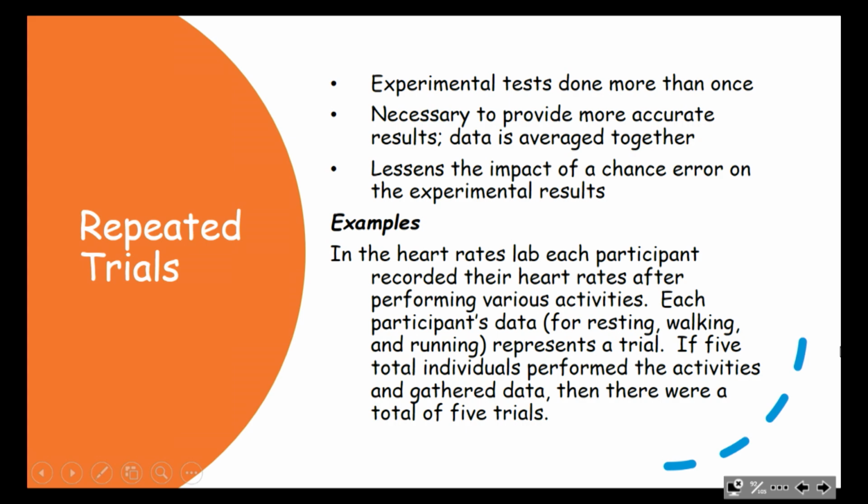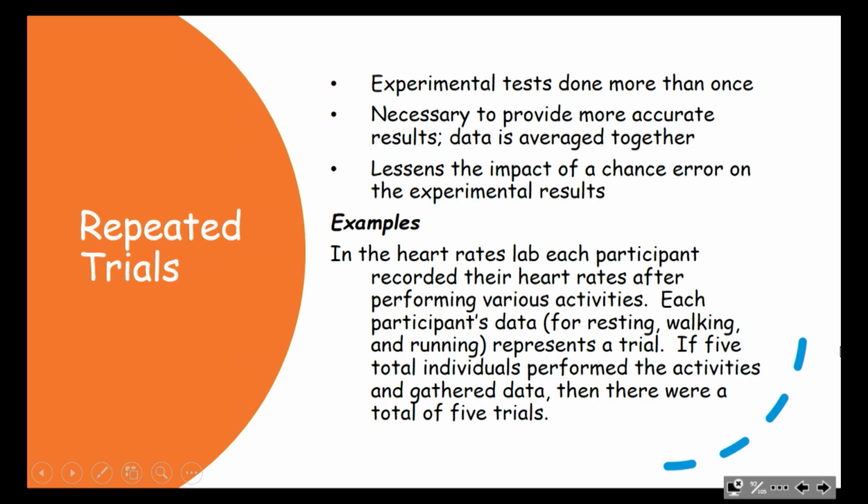Okay? Here's an example that I wanted to talk about in the bottom there. So in the heart rates lab, each participant recorded their heart rates after performing various activities. Each participant's data for resting, walking, and running represents a trial. If 5 total individuals performed the activities and gathered data, then there were a total of 5 trials.